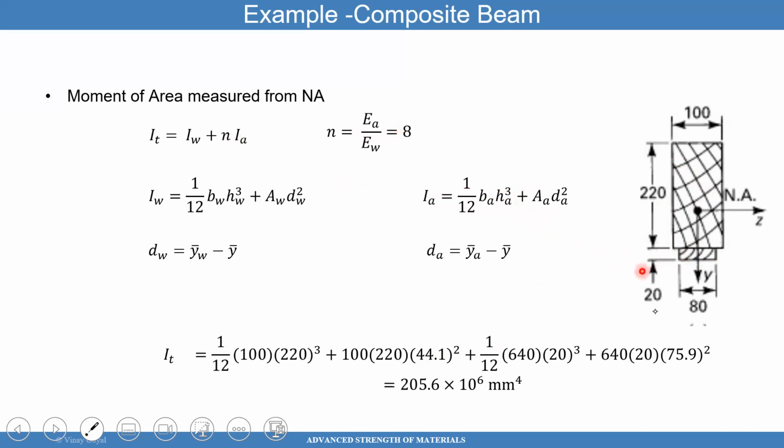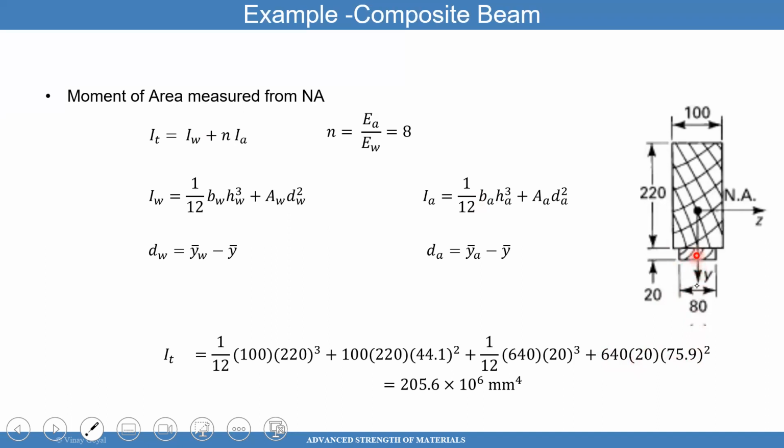So 8 times 80 is 640. So I just included it there. 20 cubed is the height cubed, that calculation. Plus the area of this term here: 80 times 20. Again, 80 times 8 is 640, times the height of 20.